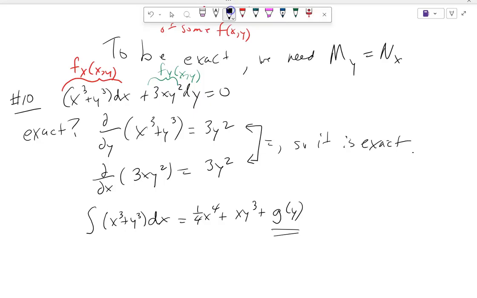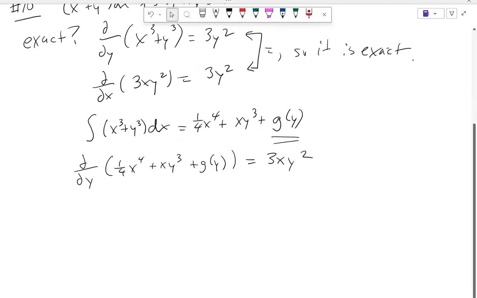Okay? So if we take the partial with respect to y of the 1/4 x to the 4th plus xy cubed plus whatever this arbitrary function of y is, we should get 3xy squared. That's what we should get when we're done.